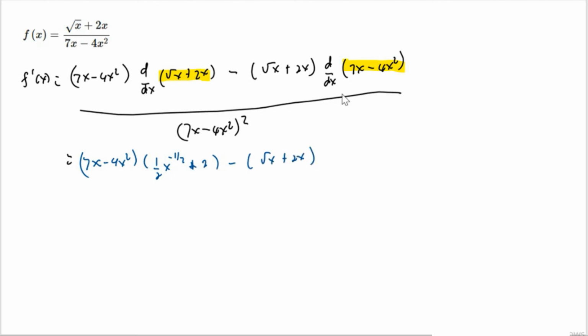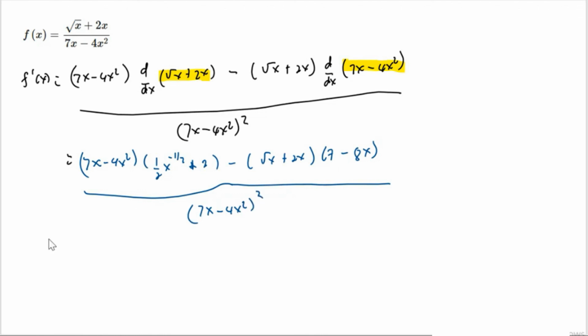Then the derivative of this: derivative of 7x is 7, minus derivative of 4x squared is 8x. So all over, copy the denominator, 7x minus 4x squared, then quantity to the power of 2.